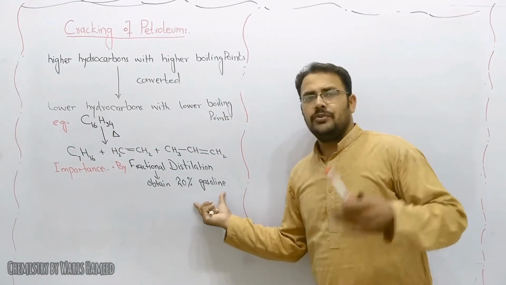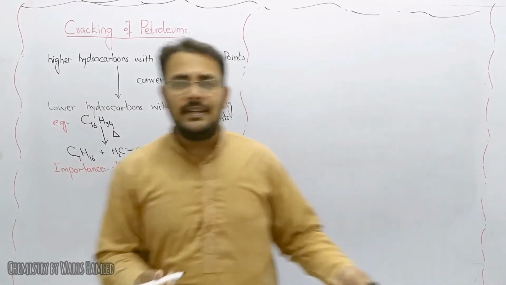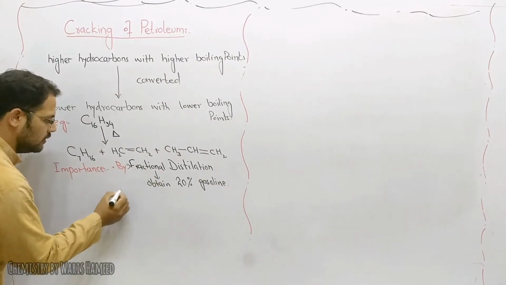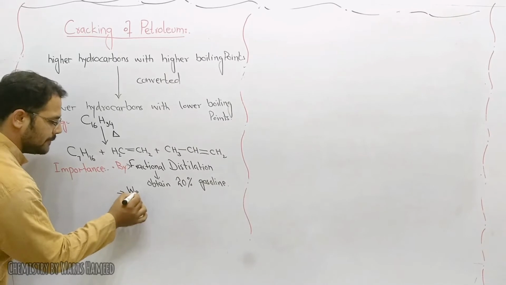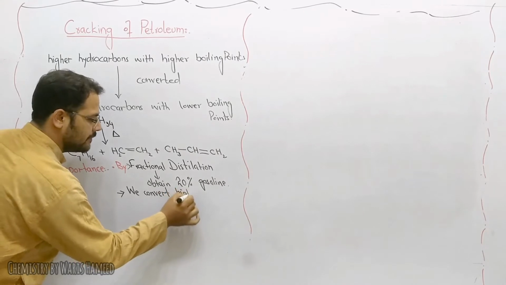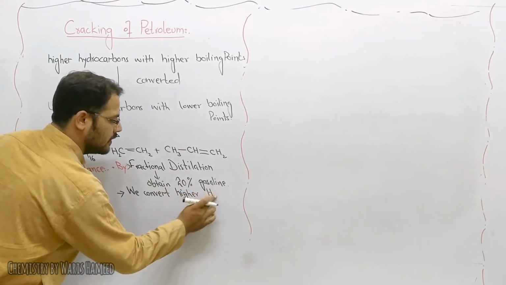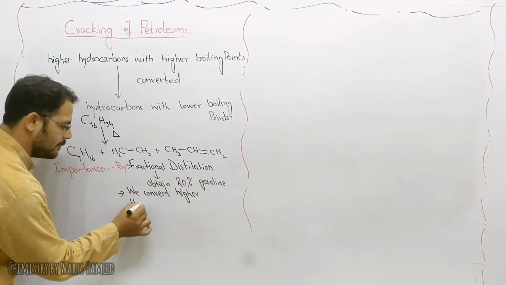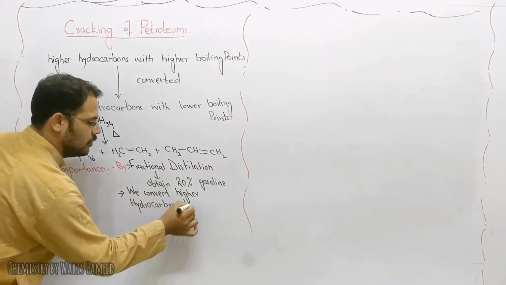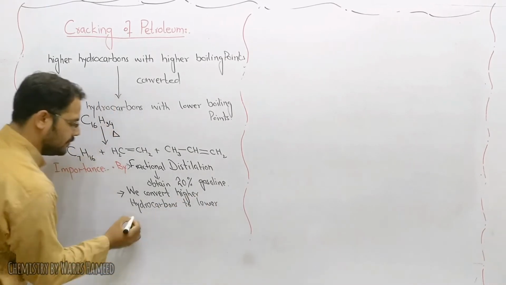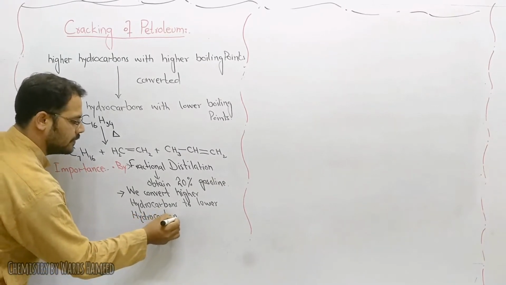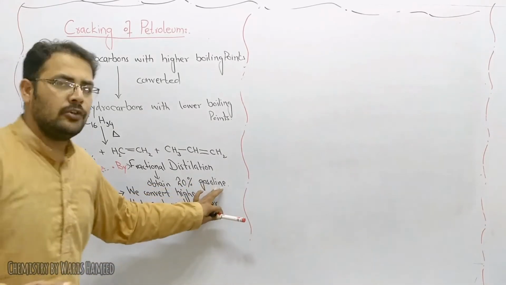We use gasoline to run our vehicles, to run our different industries for different procedures. So what we do, we convert higher hydrocarbons to lower hydrocarbons to fulfill our gasoline demand.